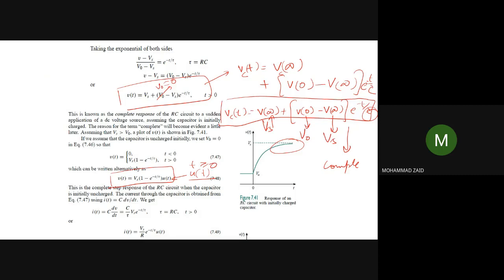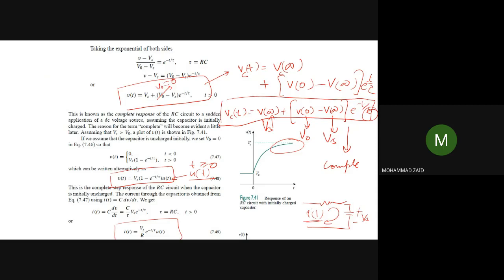You can also find the current which will be flowing. When you turn on the switch, the current i(t) will flow in the system till the capacitor is charged to the value of Vs. When the capacitor is charged to Vs, no current will flow. The current is Vs by R e to the power minus t by tau.